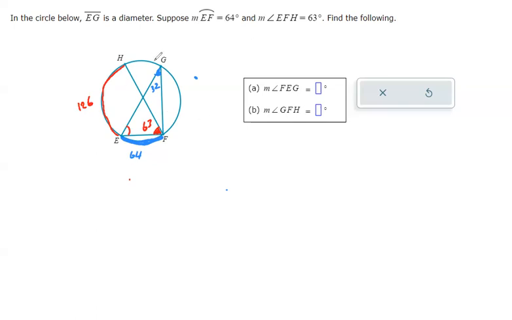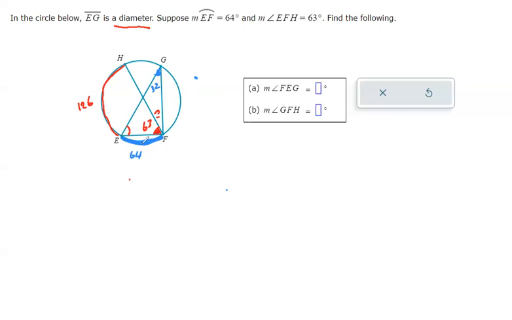And GFH, so we are also looking for this angle. One of the things that we should remember, whenever you have a diameter, because we are told EG is the diameter, the diameter will divide the whole 360 degrees into two 180s.